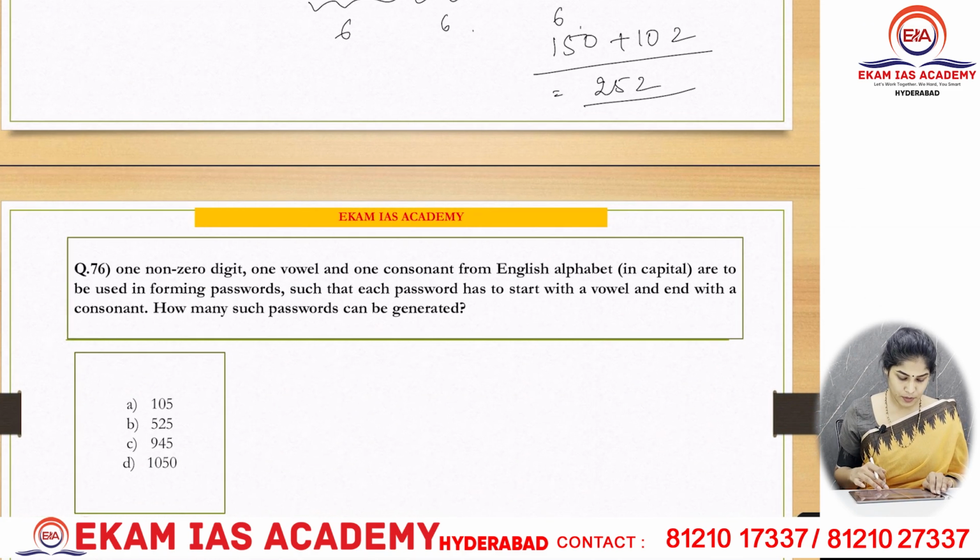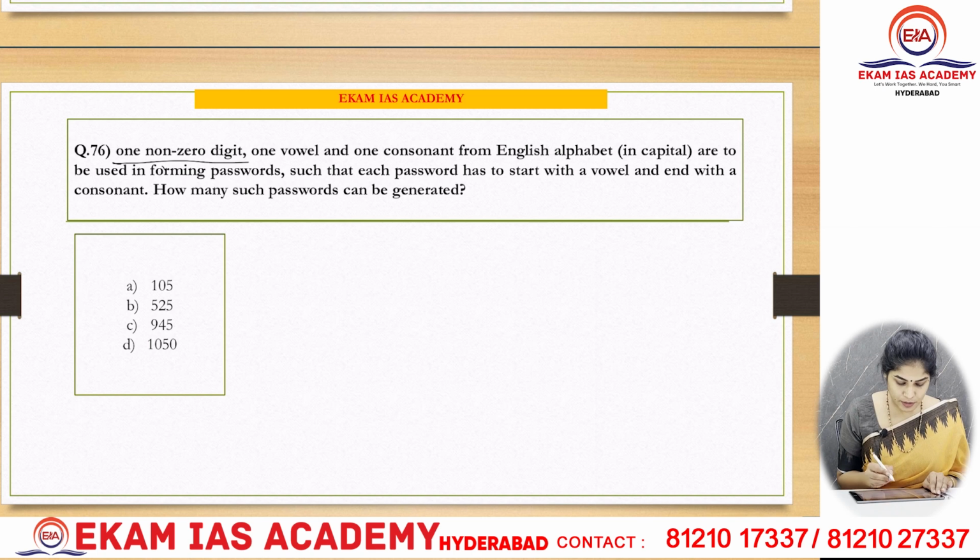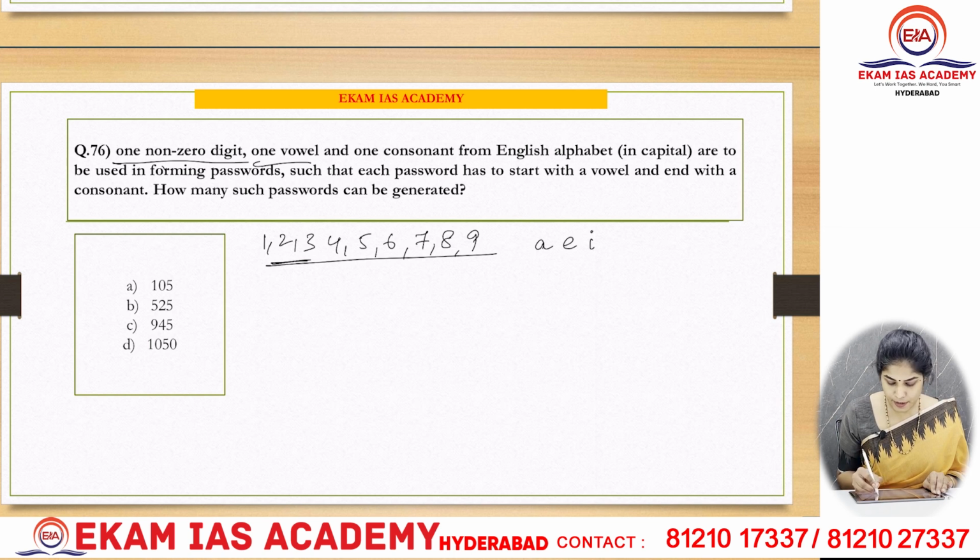Let's go to the next question. One non-zero digit, which is 1, 2, 3, 4, 5, 6, 7, 8, 9, right? And one vowel: A, E, I, O, U, 5. Here it is 9. And one consonant.